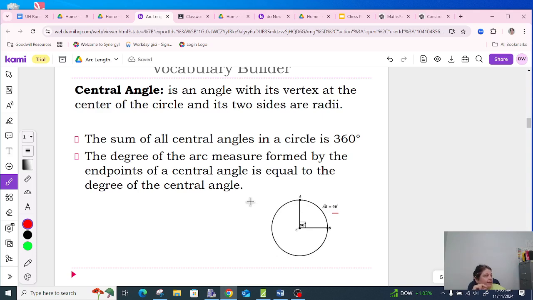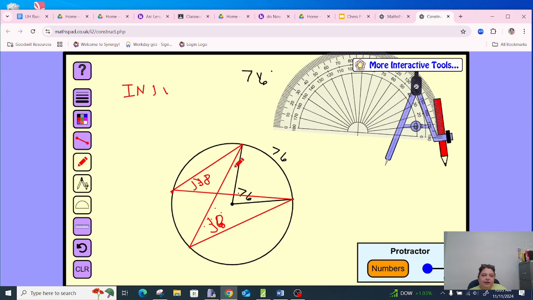They have the vertex on the circle. These in red are inscribed angles because the vertex is on the circle. This one's a central angle because it's from the center.